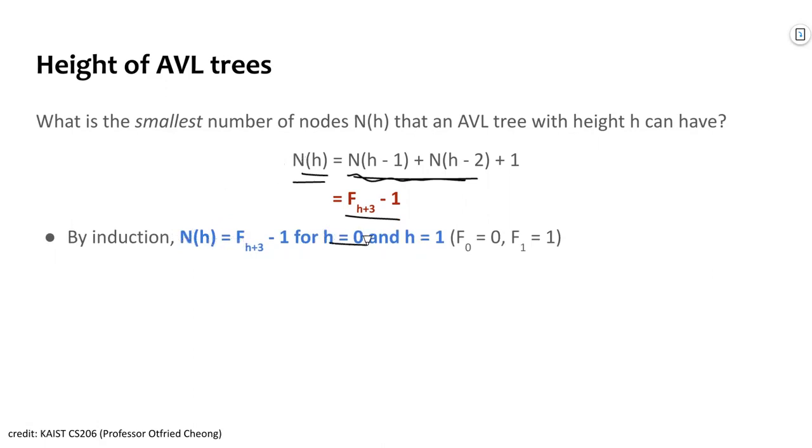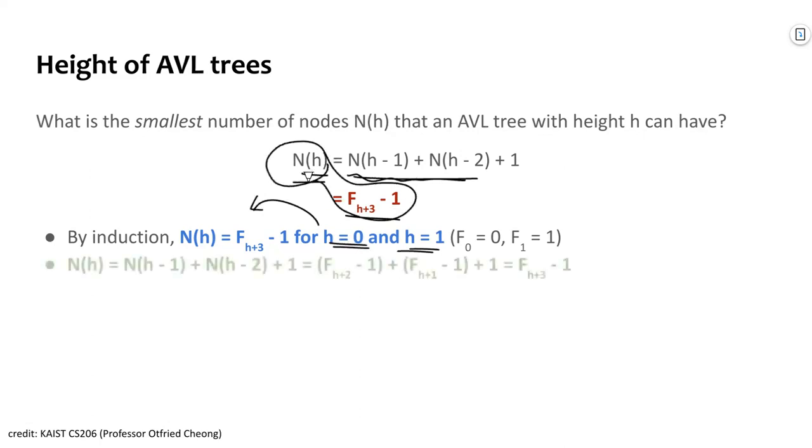And when h is 0 and h is 1, F_0 and F_1 are 0 and 1. And when we insert these numbers, we could easily verify that this relation holds. And for general h, we could put this relation here. Then we could easily verify that these equations really reduce to this relation. This is not that complicated.